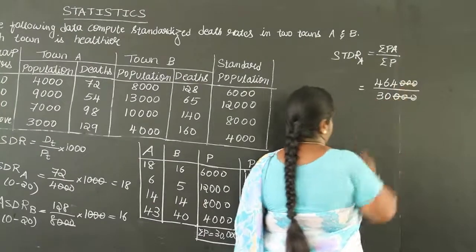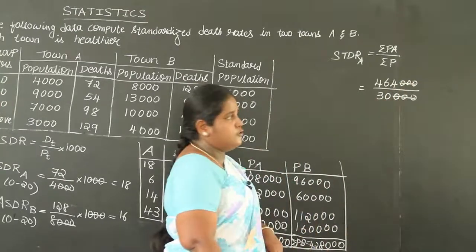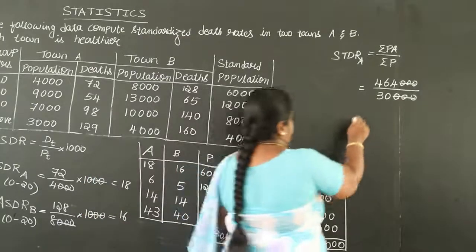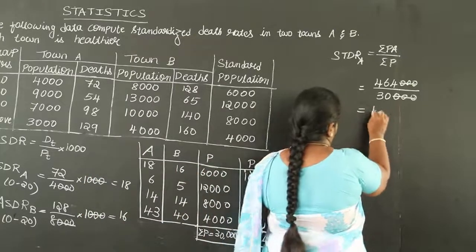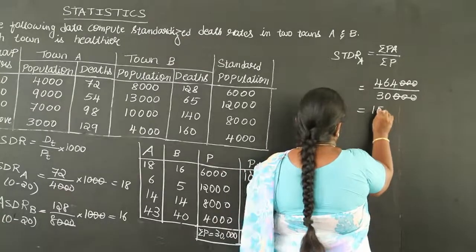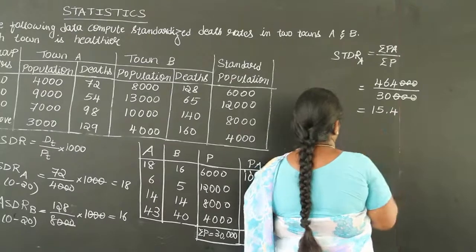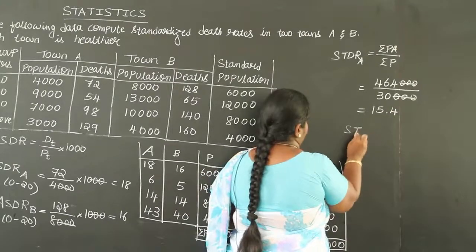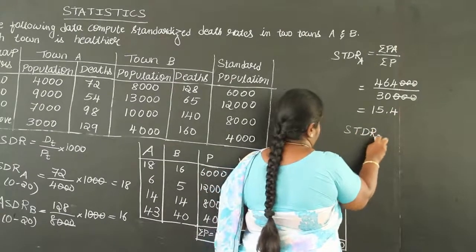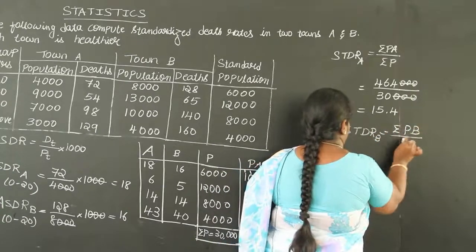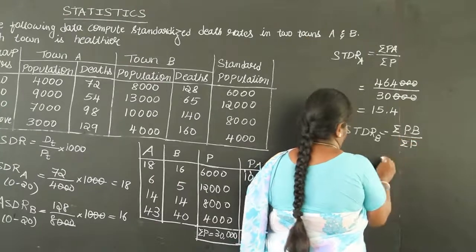You can cancel the 1,000 terms, so you'll get 464 divided by 30. So 464 divided by 30 is 15.4.